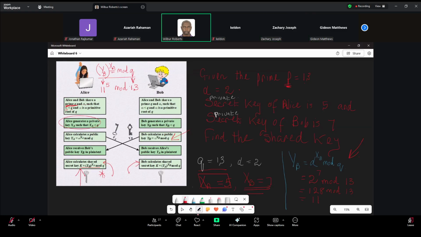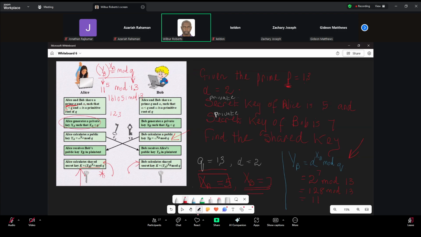Right, yes, that's it. 161,051 mod 13, and we can work that out easily. 13 ones are 13 and 3. 13 twos are 26 and 5. 13 threes are 39 and 11.